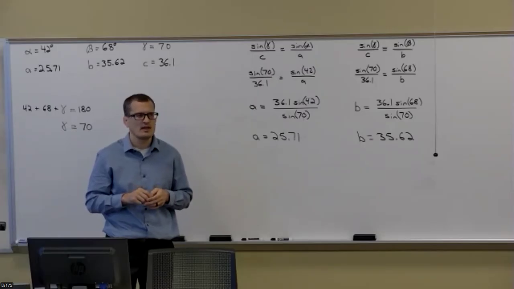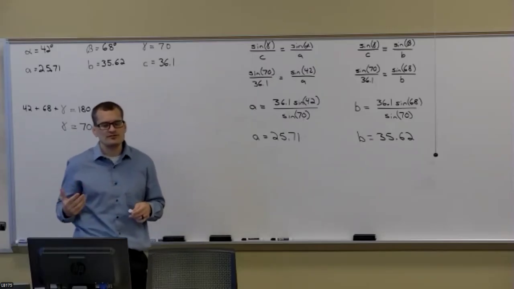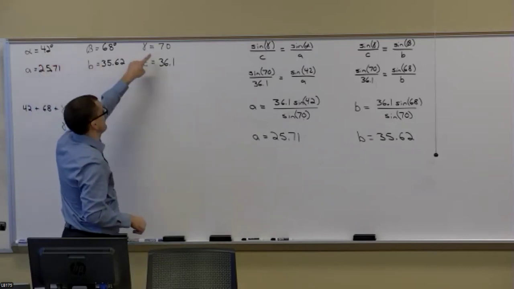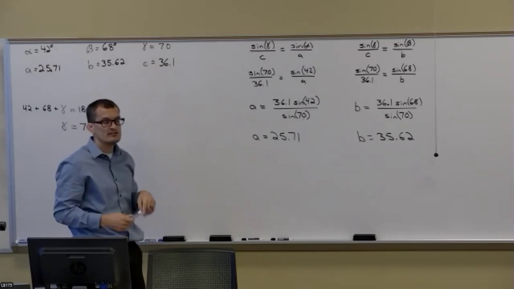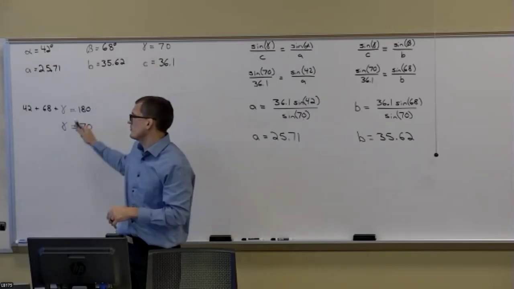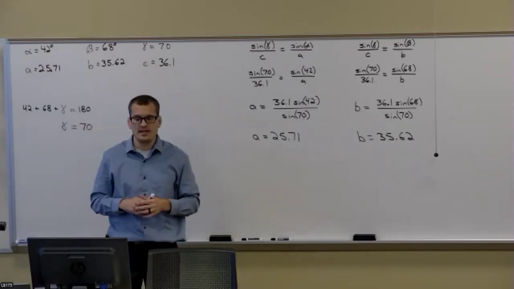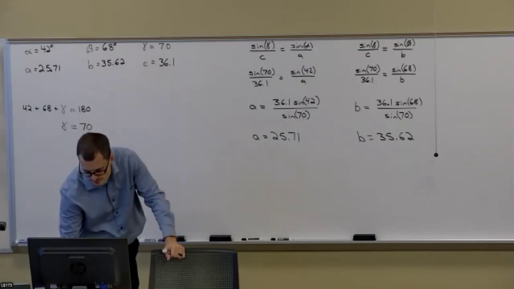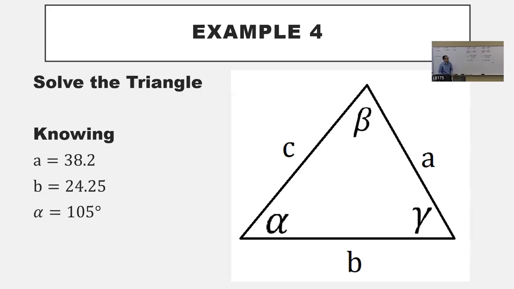Okay. Now, in these first few examples, I was always given two of the angles. And so my first step was always to find the third angle and then move on from there. You can also solve triangles if you're just given one angle.